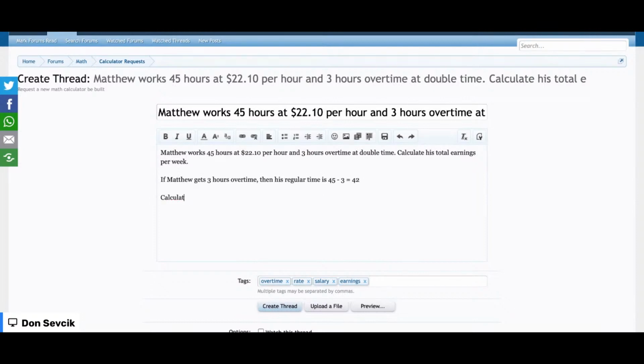We're going to do this in 2 parts, regular hours, overtime hours, and then we're going to add them both up. Regular hours earnings equal hourly rate times regular hours worked.